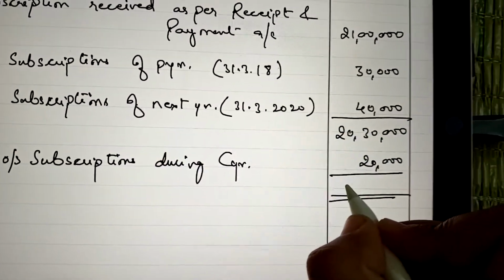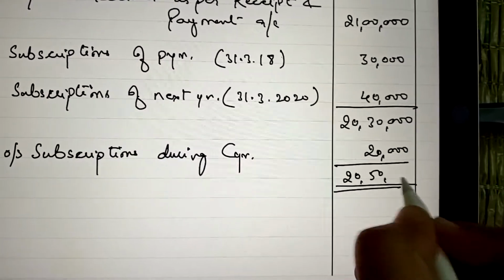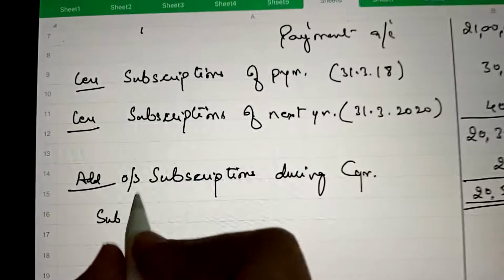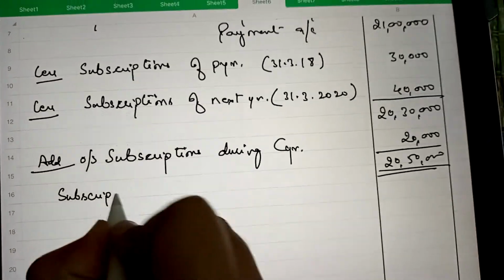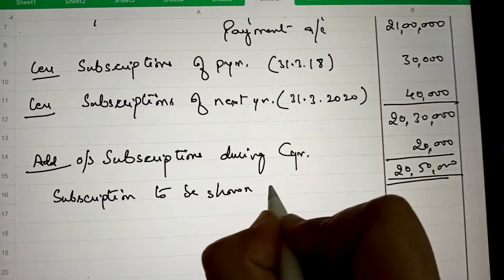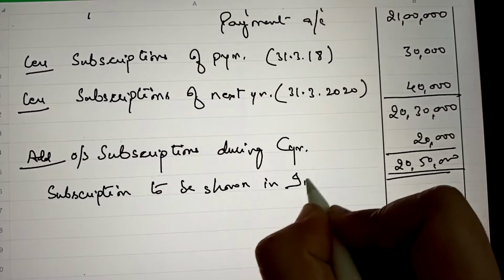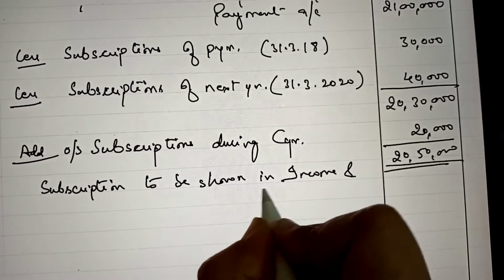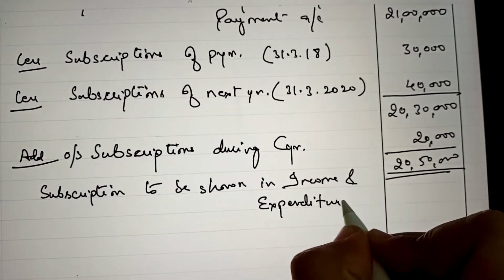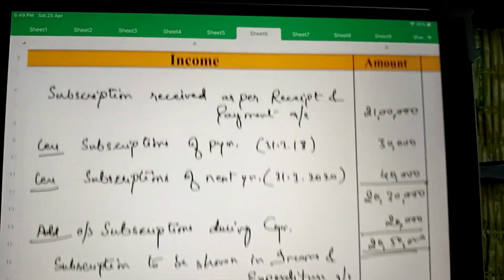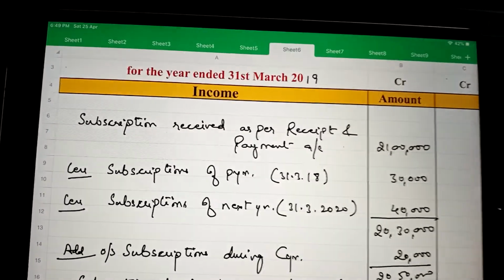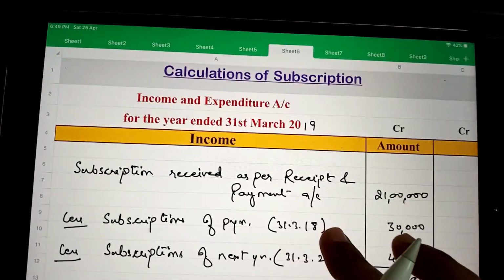So the answer comes 20,50,000, which is the amount of subscription to be shown in income and expenditure account. So this is the income and expenditure account for the year ended 31st March 2019.